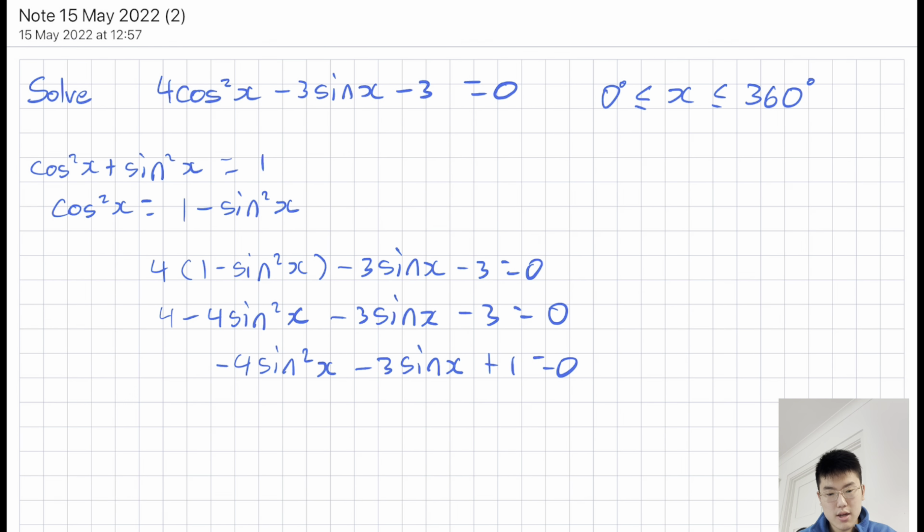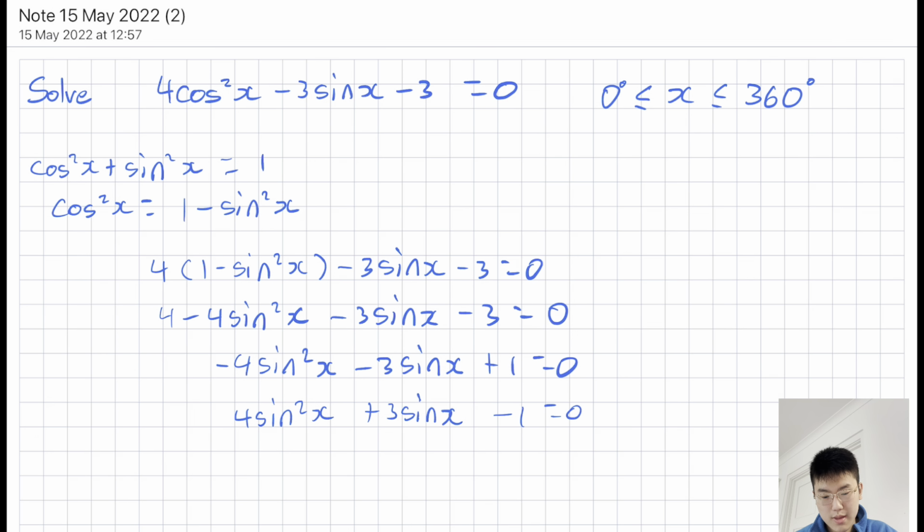But one thing that you can realize is this is actually just in the form of a quadratic, namely because we have a sine squared x here, a sine x here, and a constant at the end. So I'm going to multiply all across by a minus, because that gets rid of my minus 4 here. So that will give us 4 sine squared x plus 3 sine x minus 1 is equal to 0.